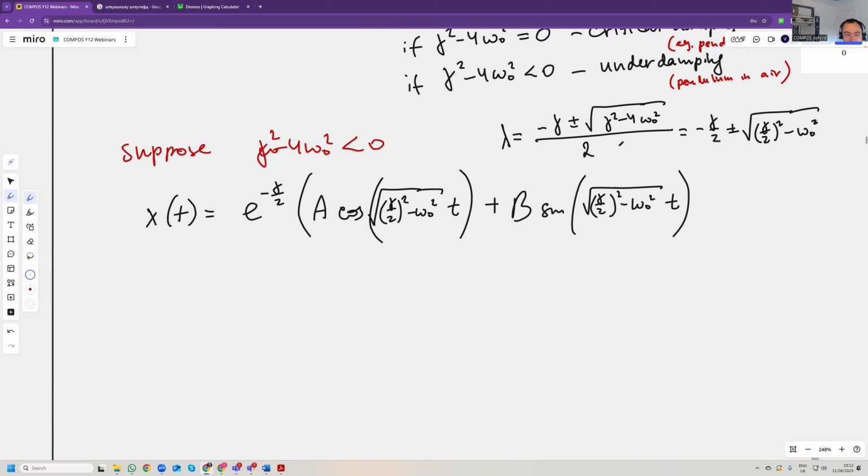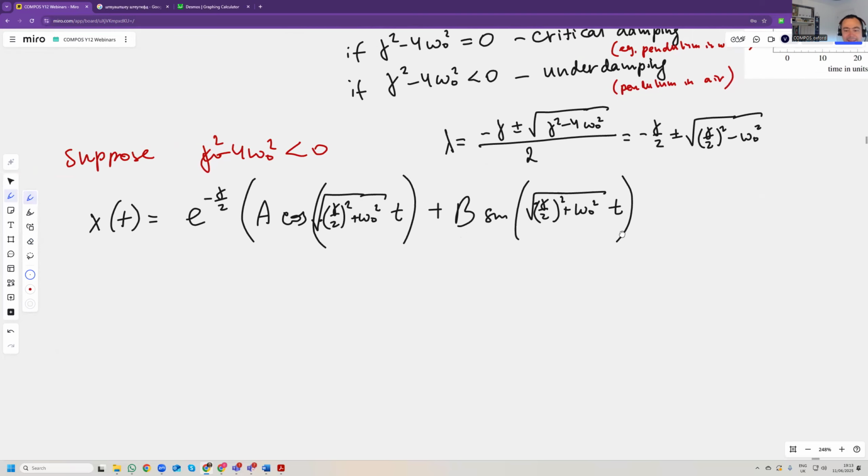Well, this is negative, of course. So it would be the other way around, right? Because we've taken out the negative. So it would be minus plus like this, right? I hope that makes sense.